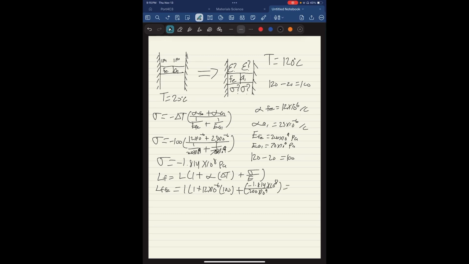And that will give us a final length of 1.000296 meters. So as you can see, it just barely got bigger.